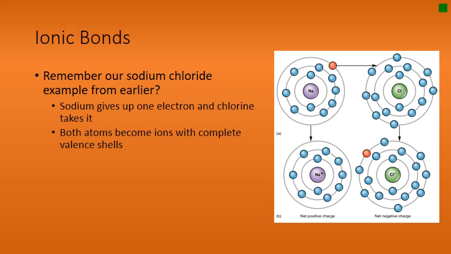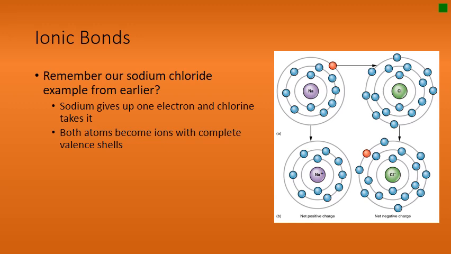That was an example of ion formation and ionic bonding. In the case of sodium chloride, sodium has one valence electron. It has one electron in its third shell, its valence shell. All it wants to do is get rid of it, because then it can have a complete valence shell. Shell number 2 will be its valence shell.